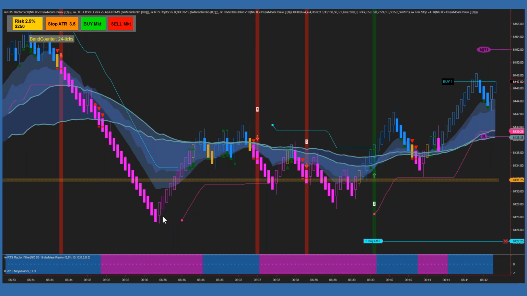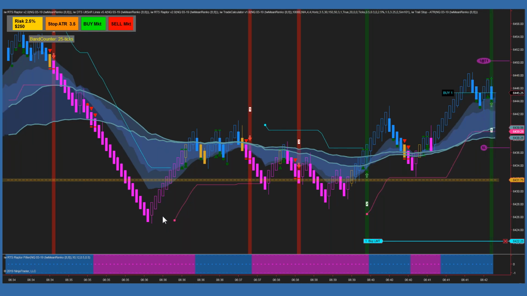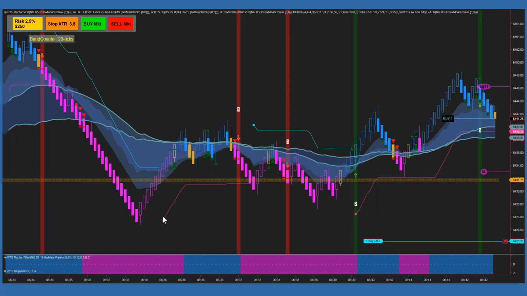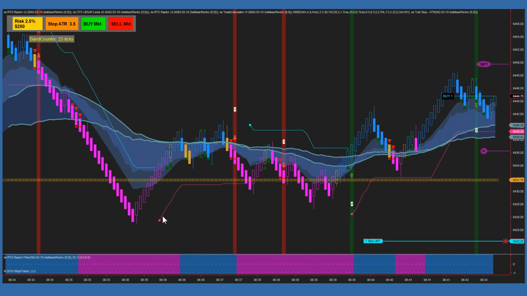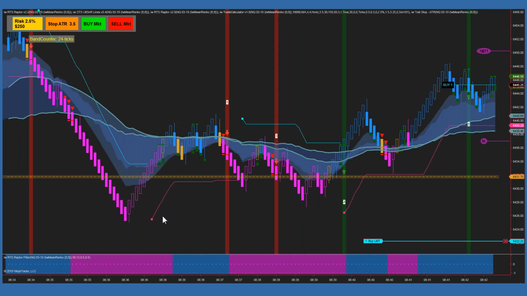And for those of you running Ninja 7, there is absolutely nothing wrong with Ninja 7 and the Trade Manager. Ninja 8 has kind of been the go-to for Ninja for the last year, and a lot of the new owners are running Ninja 8, and so I feel obliged to make that transition as well.